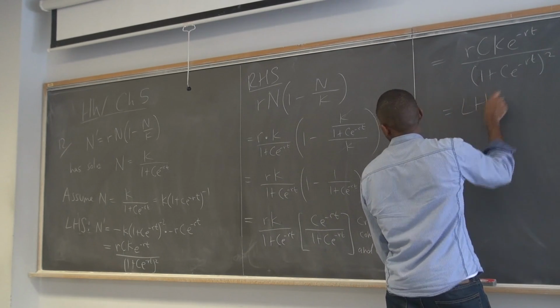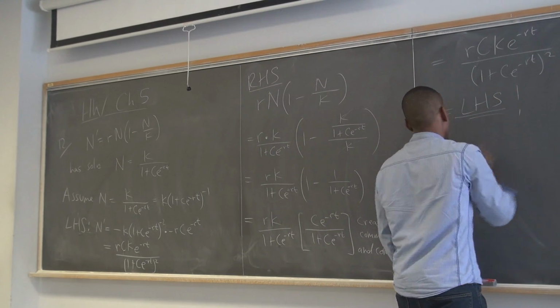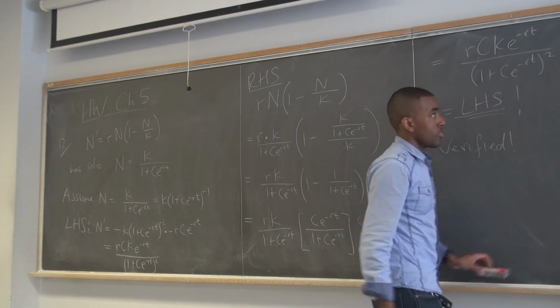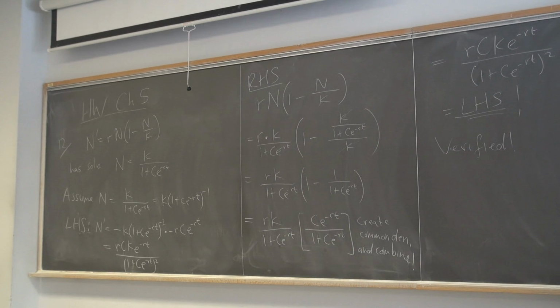That's equal to the left-hand side. So that's verified. So yes, this is actually a solution, and notice that the C doesn't matter. C could be any number and it would still be the same.